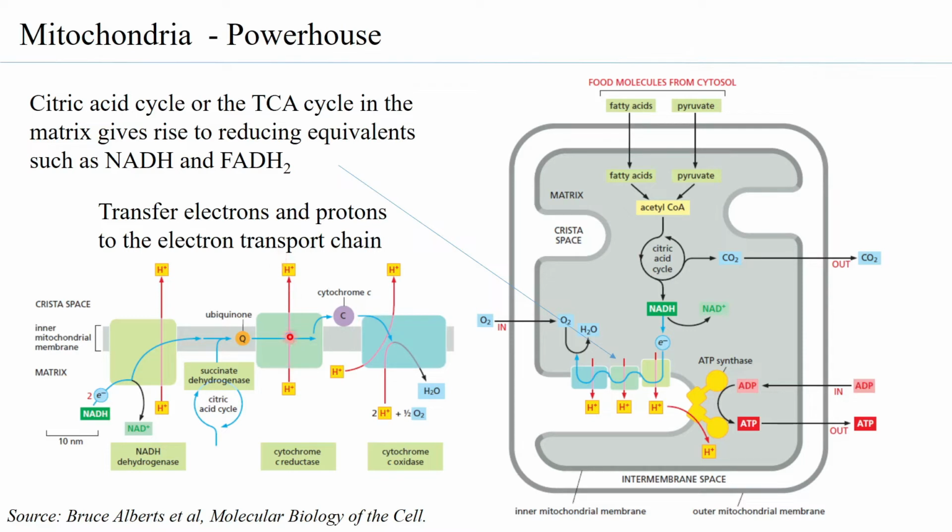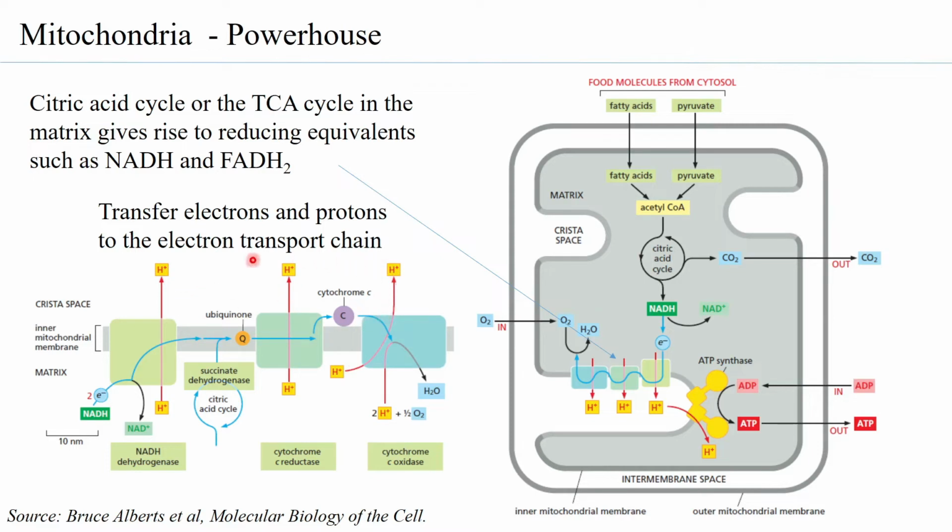When electrons are transferred to cytochrome C, it gives them to complex 4, which is the cytochrome C oxidase. And this cytochrome C oxidase is also a proton pump. So you can see how protons are getting pumped out. Okay. And you can see that all three complexes are pumping out protons.